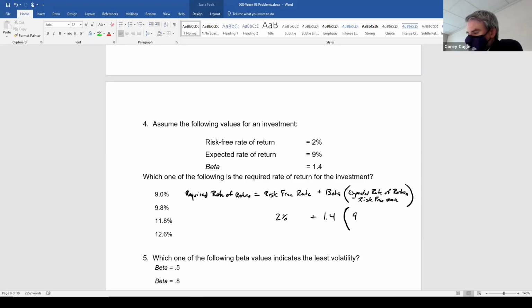Expected return 9%, risk-free 2%. Follow that out, it's 11.8%. This is just knowing the formula and filling in the numbers. Pretty basic, pretty easy. Big formula to remember, but it's not that hard.